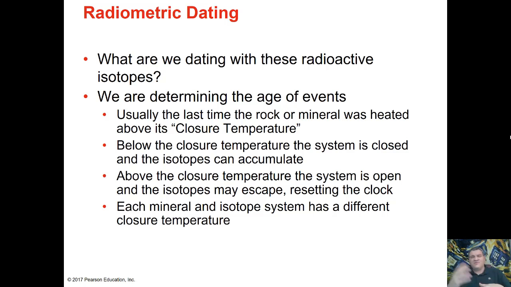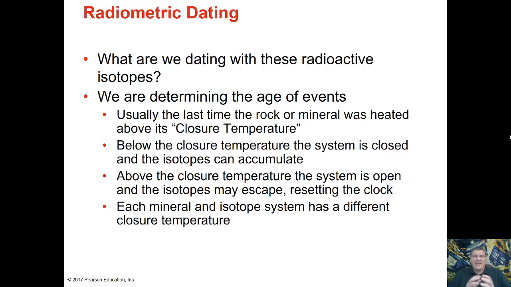The daughter isotopes will leave and we'll get a new mix of parent isotopes, and that essentially resets the clock until it hardens again. And then it starts trapping the daughter isotope again. So really, as we're looking at these radiometric dating ages, we're looking at the most recent time that the rock cooled below the closure temperature.